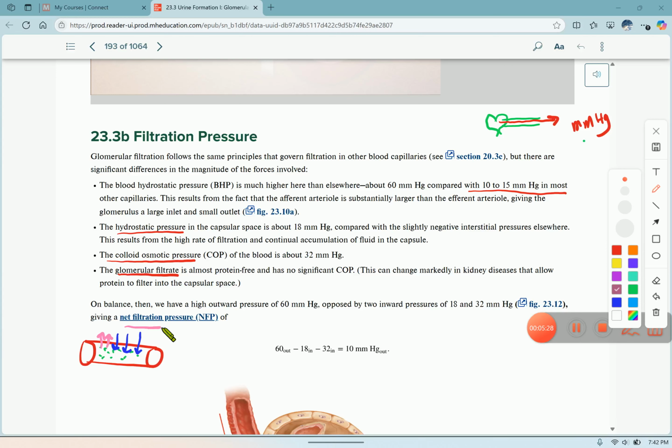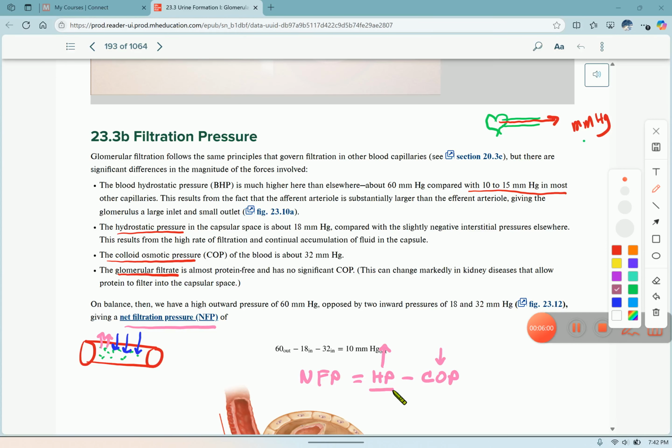So the net filtration pressure, therefore, okay, so net filtration pressure is hydrostatic pressure minus colloid osmotic pressure. All right, so in other words, hydrostatic pressure is the outward force, is stronger than the inward force, which is the colloid osmotic pressure.